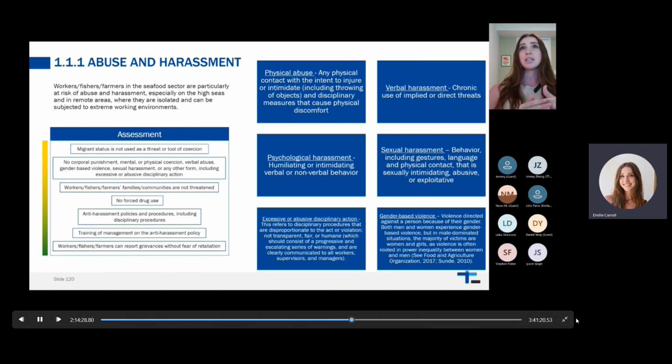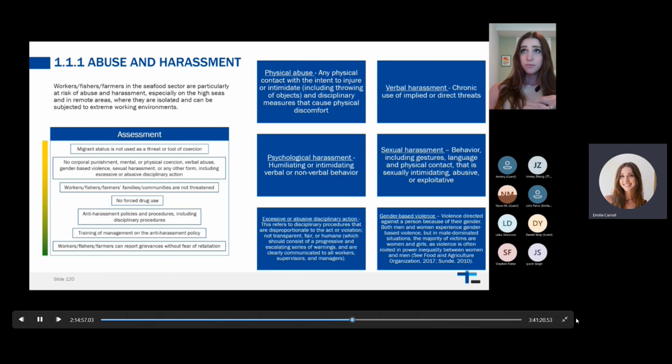First, just going over some of the key definitions here that are covered under this section. So there's physical abuse, verbal harassment, psychological harassment, and sexual harassment are kind of the first 4 key components to understand here. So physical abuse is contact with the intent to injure or intimidate. Can also include disciplinary measures that cause physical discomfort.